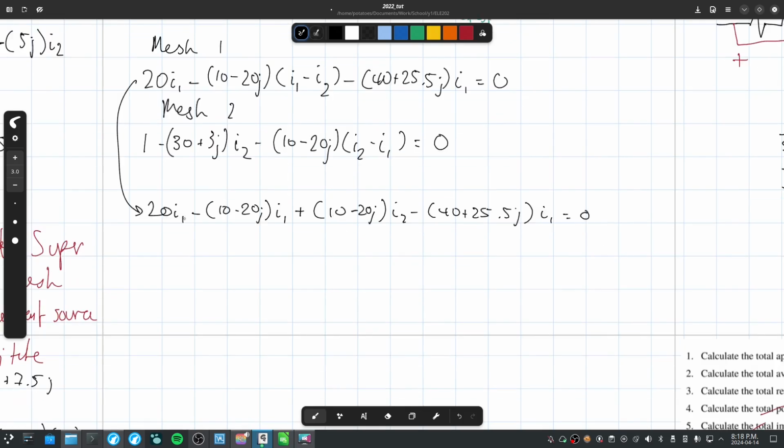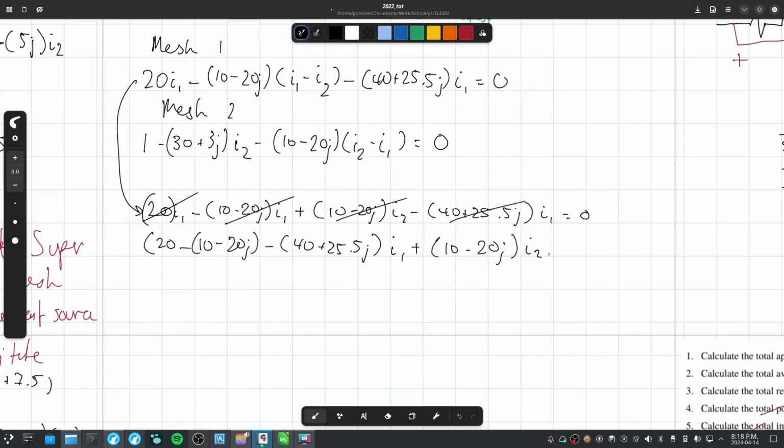We collect terms, as always. So I1, we have 20 minus 10 minus 20j minus 40 plus 25.5j I1 plus I2 now. There's only one here. So it's 10 minus 20j I2. Shouldn't what be negative?